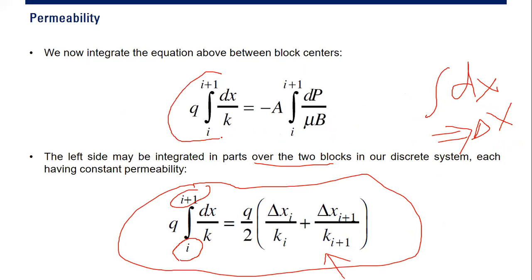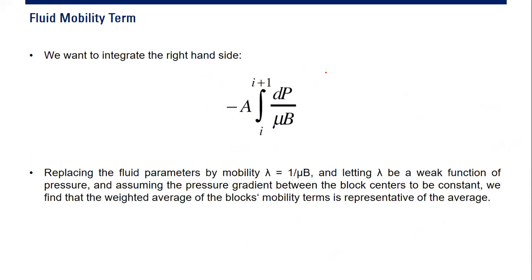We solved the permeability, and now we want to solve the fluid mobility. We want to integrate the right hand side, and we have minus the integration from i to i plus 1 of dp per mu times formation volume factor.